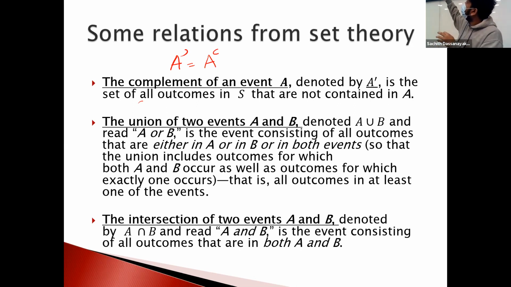In this case you have A and B, so the union of A and B means all outcomes that belong to A and B. I'll show this using a Venn diagram later. So all outcomes that are either in A or B or both events. Everything.